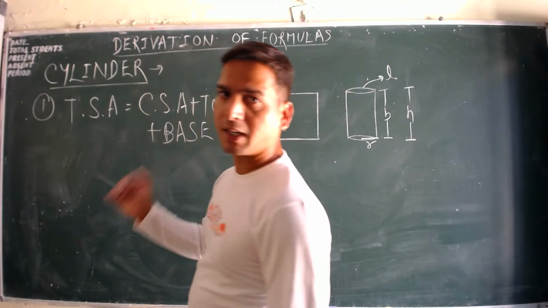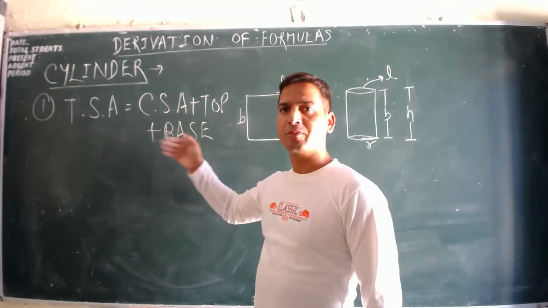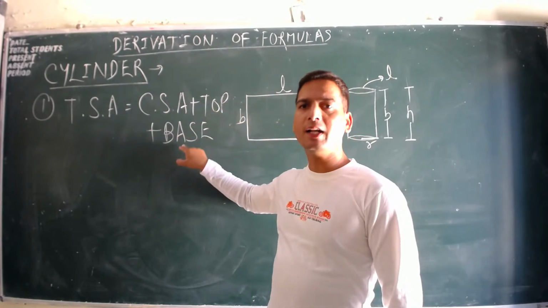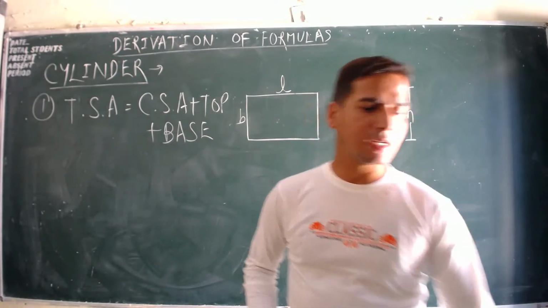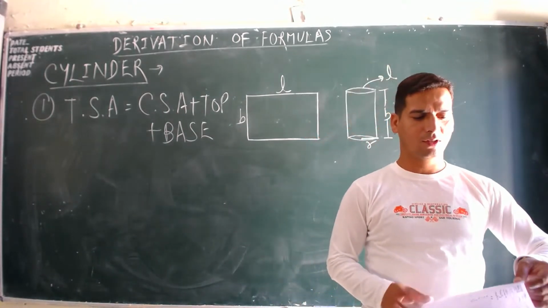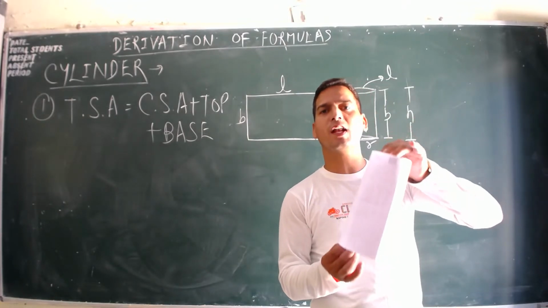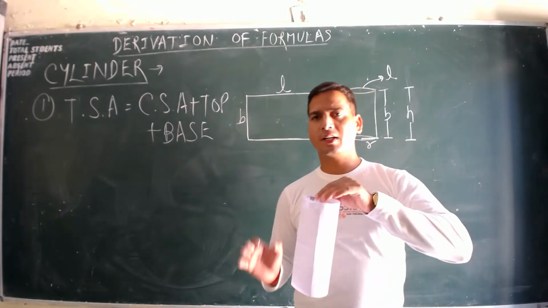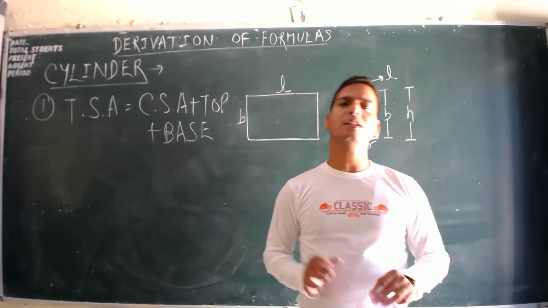Total surface area will be found out with the help of curved surface area, including the top face and bottom face. You can say base. You can see clearly in the cylinder, the top face and bottom face are equivalent. You can say equal circles.